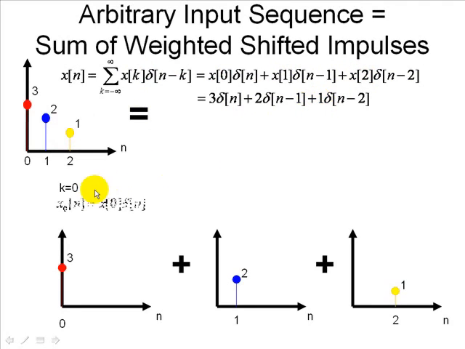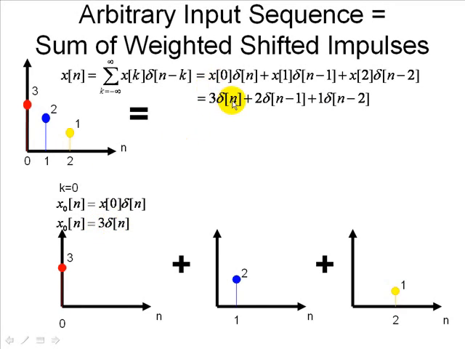So for k equals 0, we have this subsequence we'll call x0, consisting of a weight of x at k equals 0, where the impulse is located at n equals 0, given by this term here.